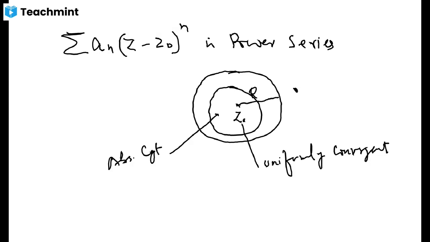Whereas outside, for any point which is outside of this disk, the series does not converge. That is, you can call it divergent. And on the boundary points of this disk, we cannot say anything.